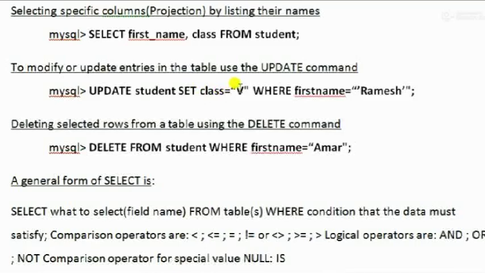Class field will take this value where the first name of... if you don't give the condition, if you don't give the where, all the values in the class field will be replaced by this value. So if you want to specify any record, then the where condition is a must, where first name is equal to Ramesh.